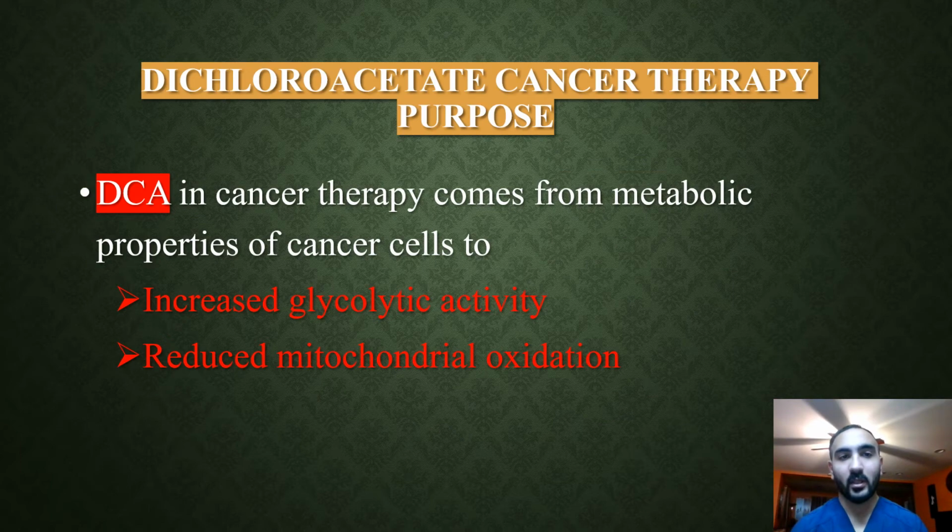Okay, here I will explain the purpose of dichloroacetate in cancers and how it can make an impact. DCA in cancer therapy comes from the metabolic properties of cancer cells: increased glycolytic activity and reduced mitochondrial oxidation, and all of that happens during aerobic respiration, not anaerobic, which is when oxygen is present, not absent.